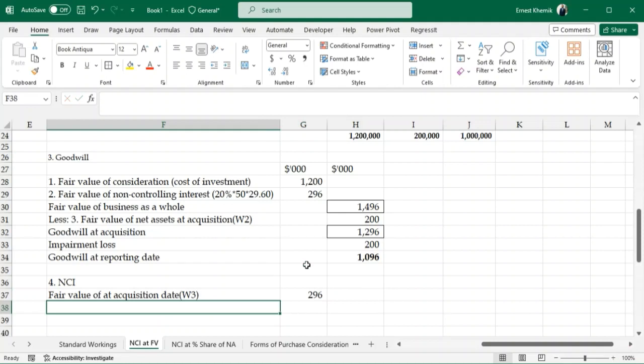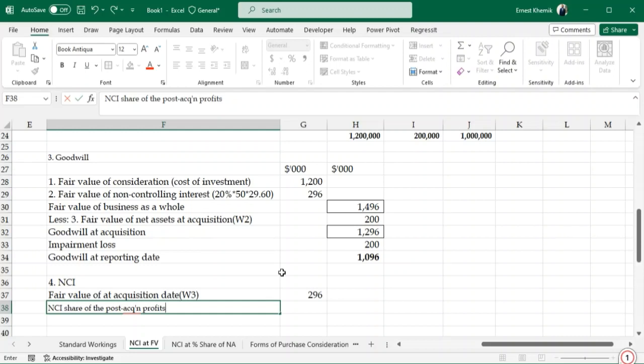And then the NCI will have a share of the post acquisition profits.